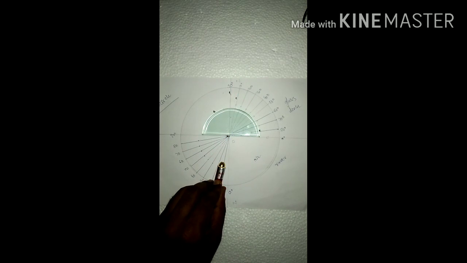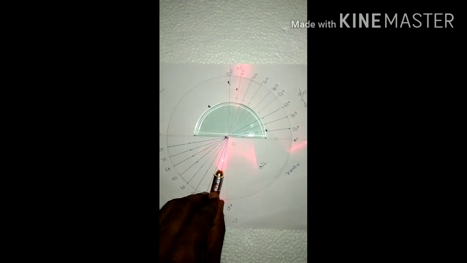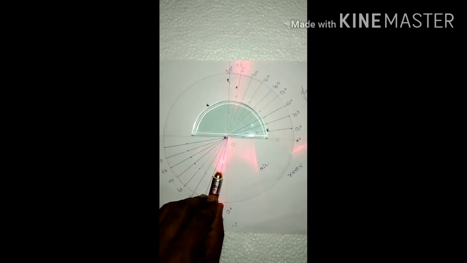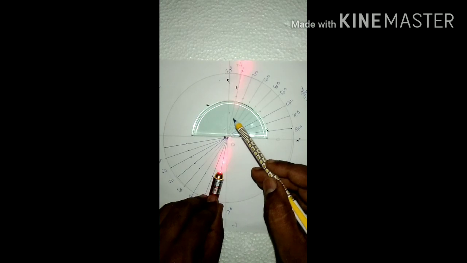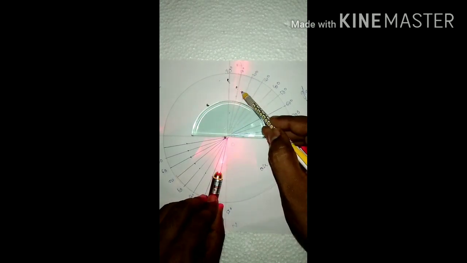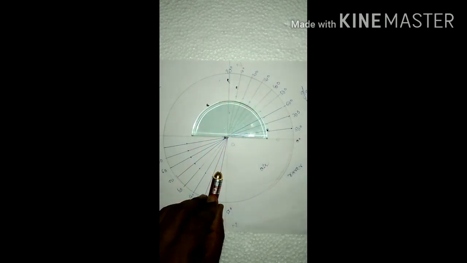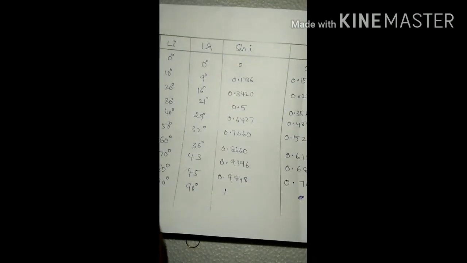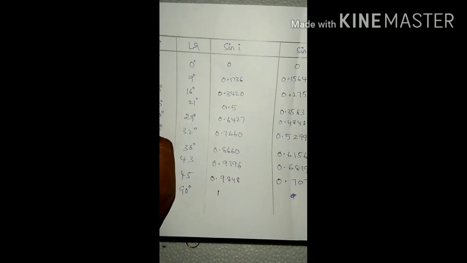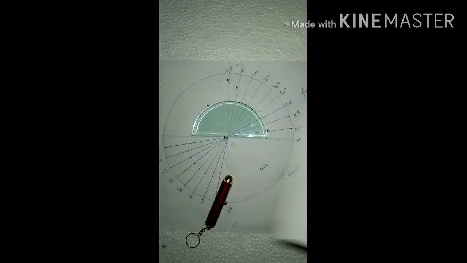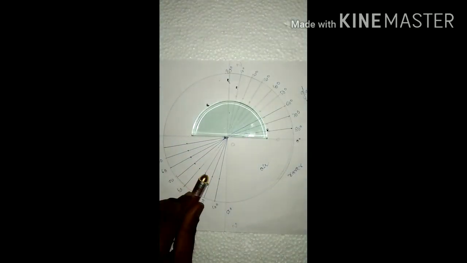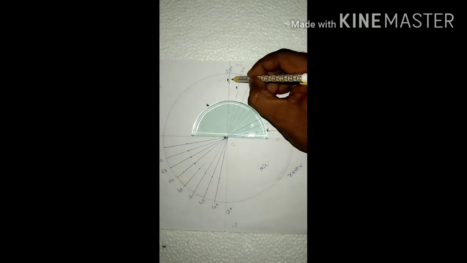Here the angle of incidence from air is 10 degrees, and the angle of refraction, approximate value, is 9 degrees. Like that, again I noted in the table: angle of incidence is 10 degrees, angle of refraction is 9 degrees.